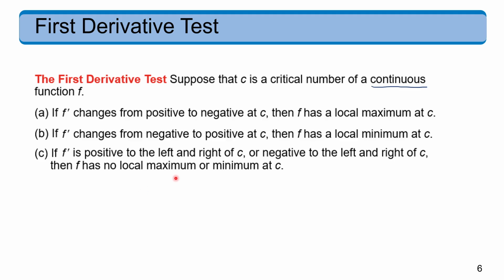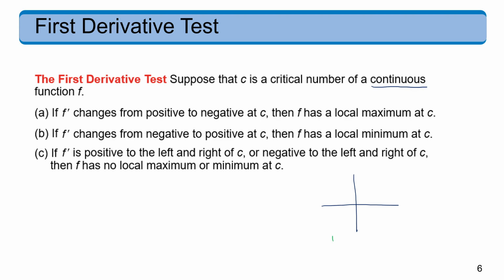That means there's not a local max or min at c. Or it could be that f prime is negative on both sides of c. Same situation. If either one of those happens, then your critical number turns out not to be a local max or a local min. And we saw that's possible with the graph of x cubed.